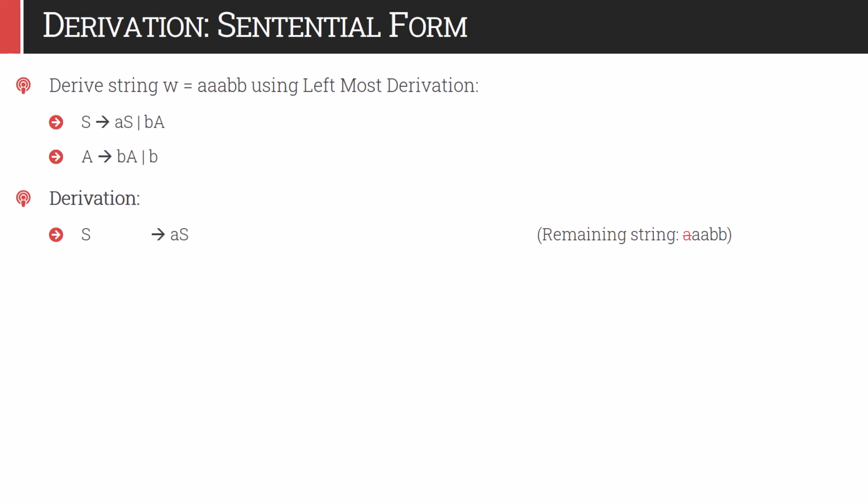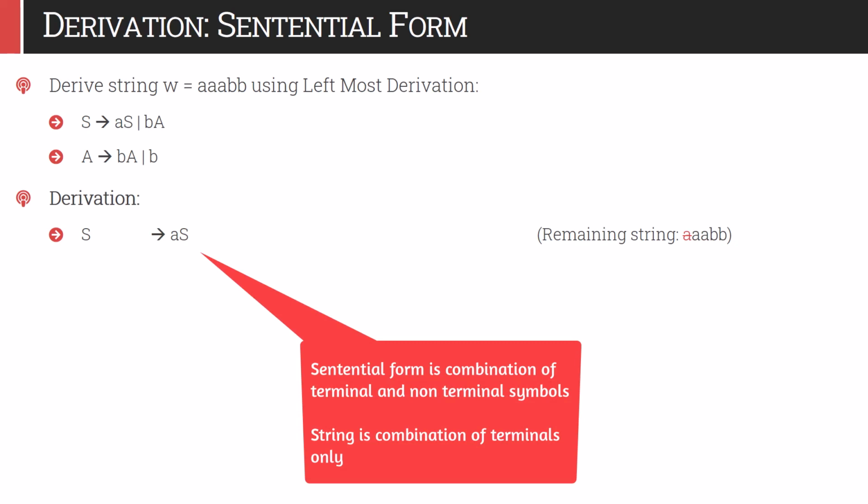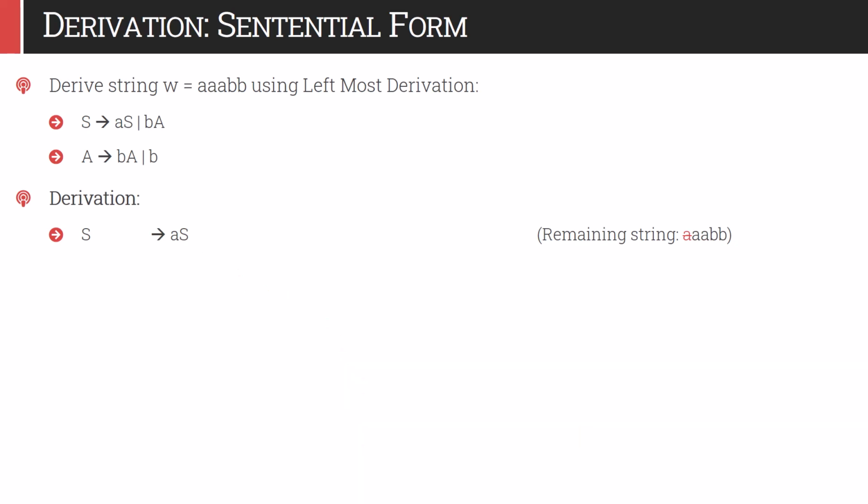So one symbol from W is read out. Now the remaining symbols are AABB. This is not a string, it is a sentential form because it is a combination of terminals and non-terminals both. To make it a string, all symbols must be terminal. So right now capital S is present. We can replace it by two productions, either by AS or by BA from the productions of S. If I replace capital S by BA, then the initial two symbols in the string would be AB.